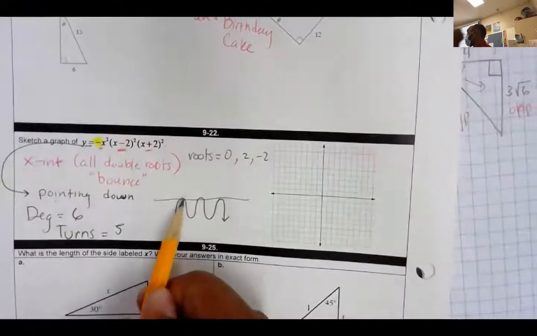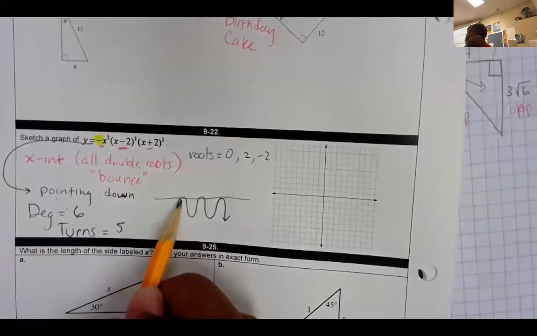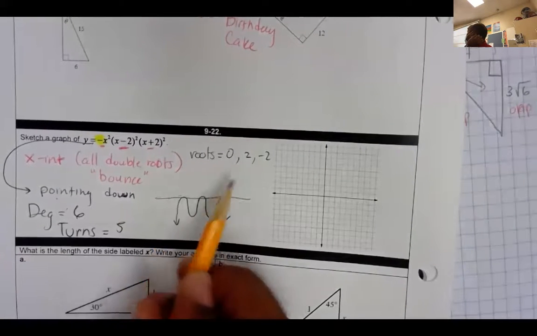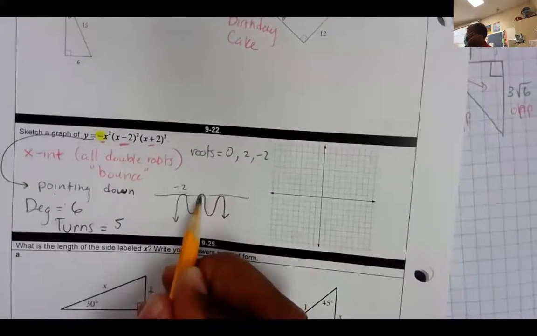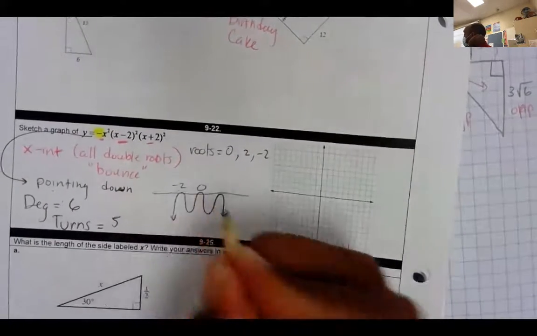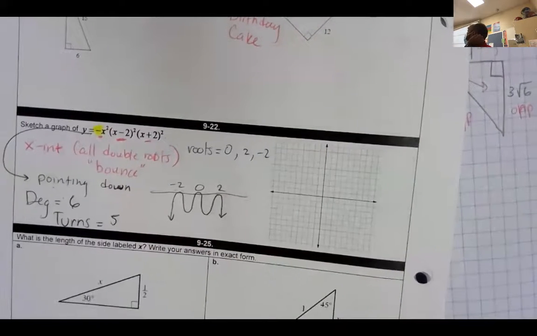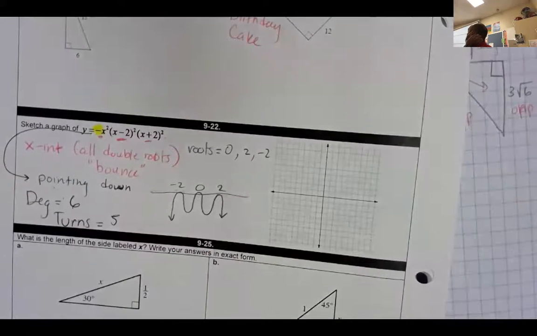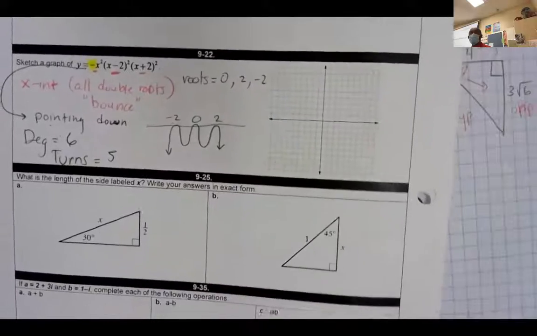Negative 2. Where is it bouncing here? Negative 2, because it's the furthest to the left. Where is it bouncing in the middle? 0. And on the last one? 2. So now you can put your graph together. Remember it's a sketch, so you can sketch it however you want. Just make sure it's crossing or touching at those points.